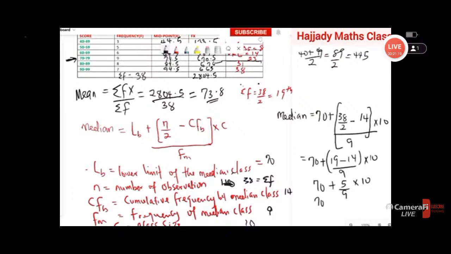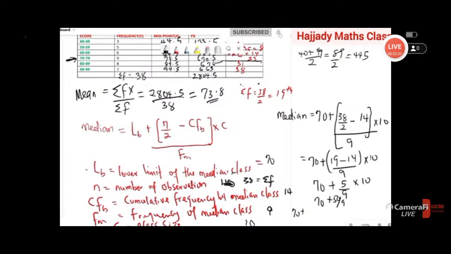So we have 70 plus 5 over 9, multiply 5 by 10, and here we have 50 over 9. You can solve that using your calculator, but I am doing this without a calculator.